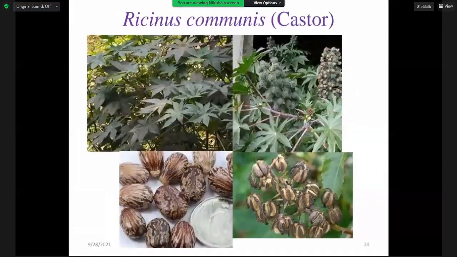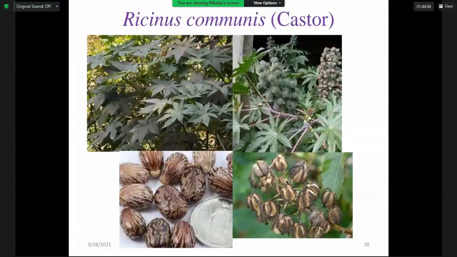Next one is castor, used for the production of castor oil. Botanical name is Ricinus communis. You can see here the leaf parts, the fruits and the seeds. After drying, the fruit splits and the seeds come out.